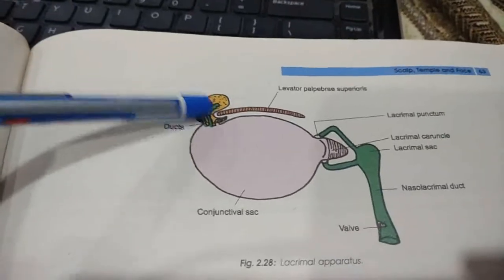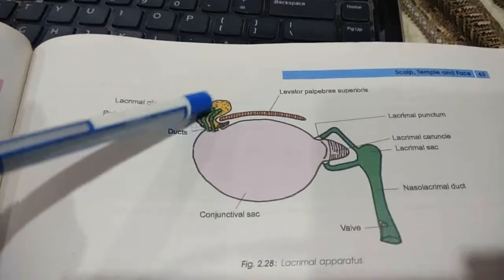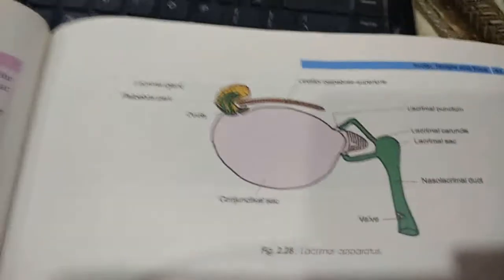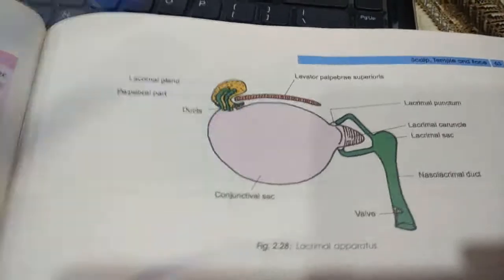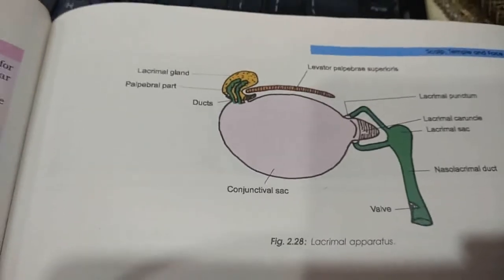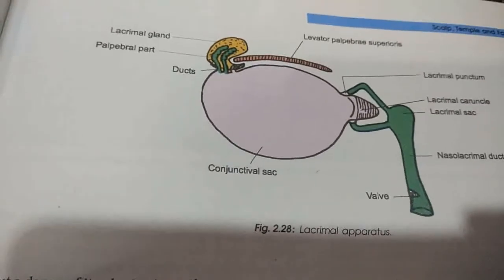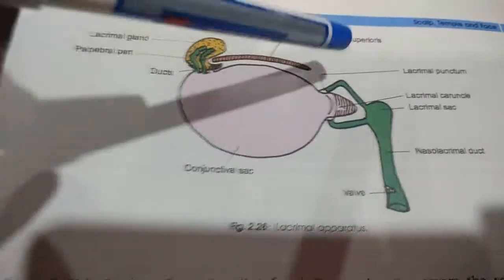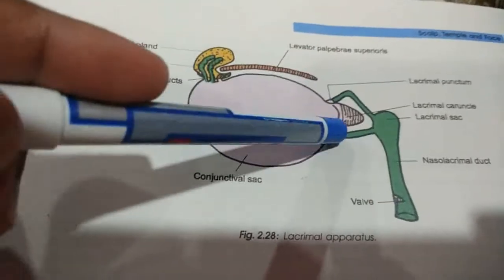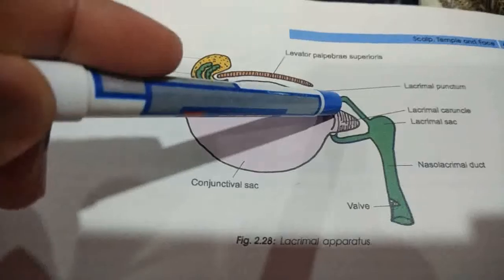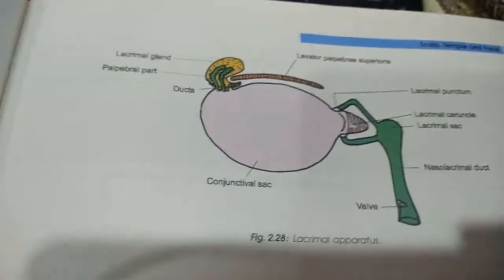Firstly, there is the lacrimal gland. Then the conjunctival sac, and the lacrimal puncta or lacrimal canaliculae, which has got a vertical and a horizontal part.